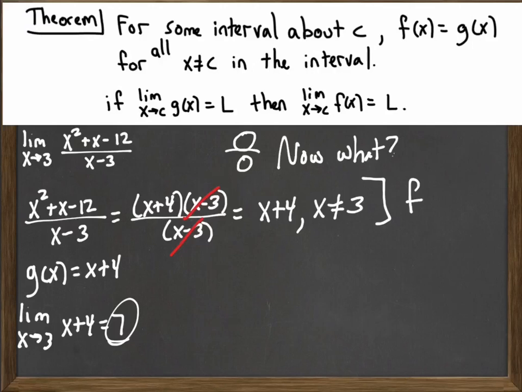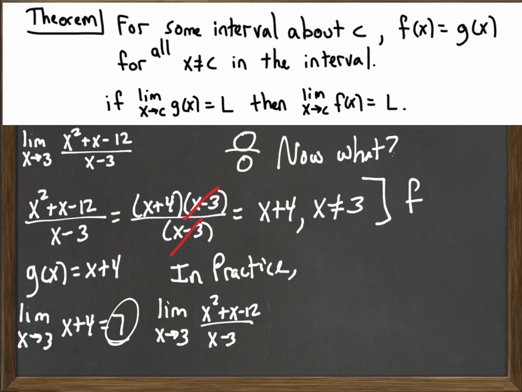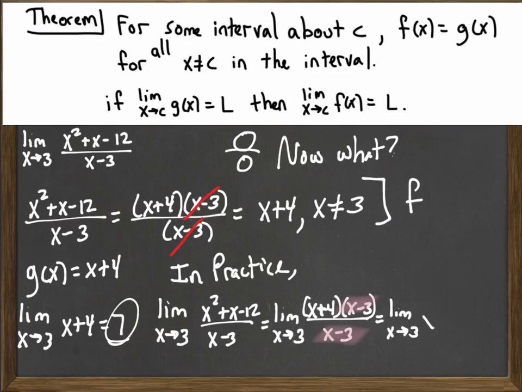Now in practice, we usually don't approach it that way. We boil things down a little bit and make it a little less writing. So in practice, we would have our original limit problem, and just like we did our factoring step above, we'll do that inside of the limit. So we'll do our factoring, and then we'll say to ourselves, okay, now we can cancel that out.